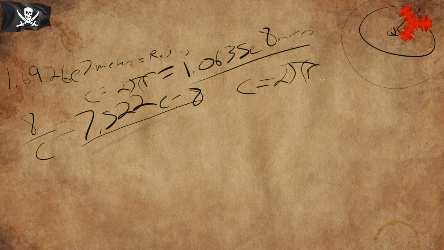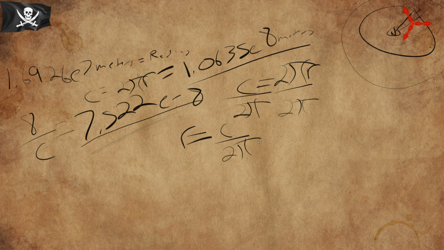Sorry, I'm making sure that I'm doing this right. I did do this ahead of time, so I knew all the formulas I'd need, but I didn't actually. So radius equals circumference over 2 pi. Why does that not seem right? Sorry, I'm thinking.